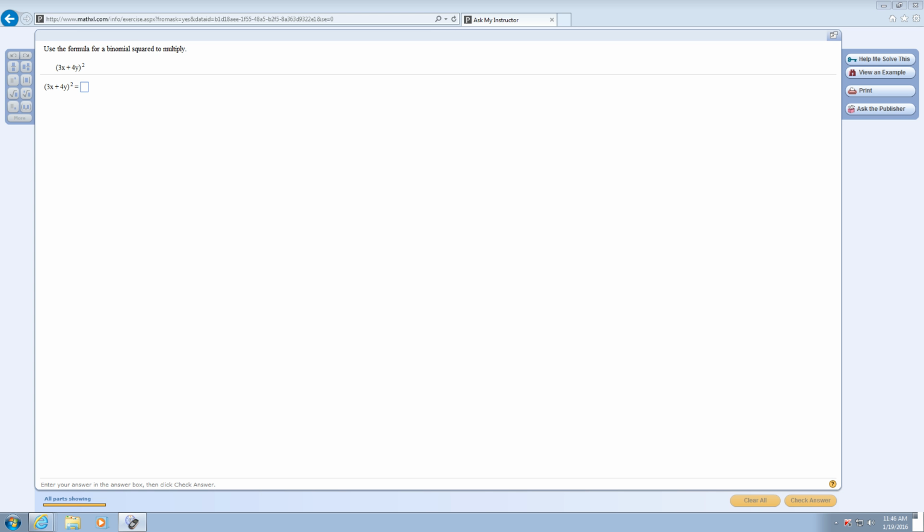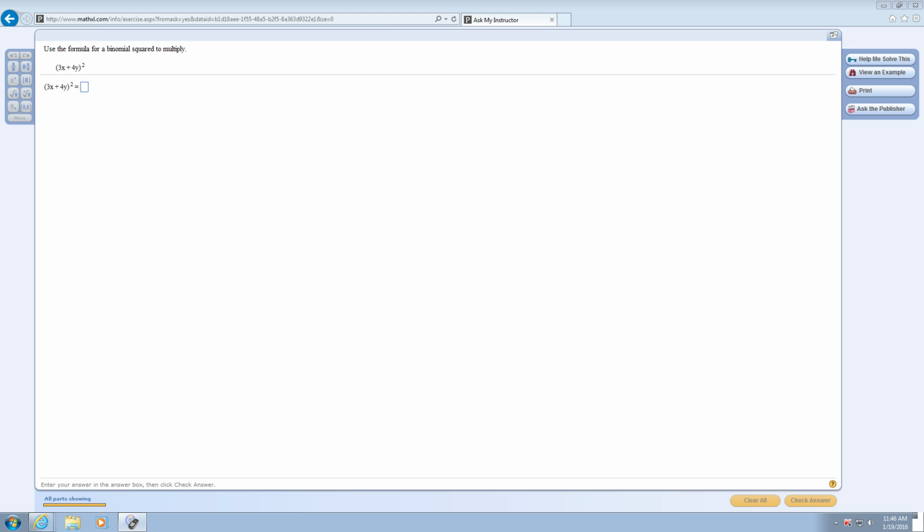Now it's going to look like the other one because it's the same type problem. So I'm going to rewrite it. 3x plus 4y quantity squared. And then just write a plus b quantity squared is equal to a squared plus 2ab plus b squared. So that means a is equal to 3x, squared plus 2 times 3 times 4 plus b squared.